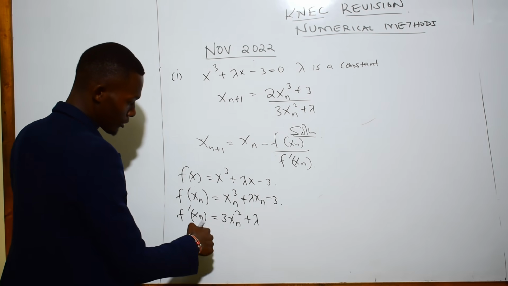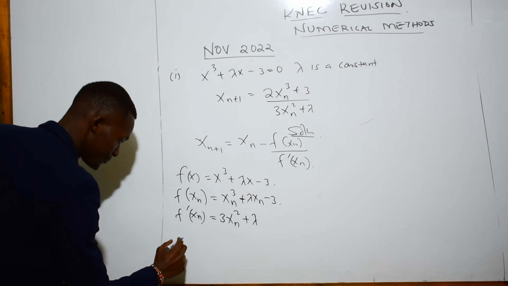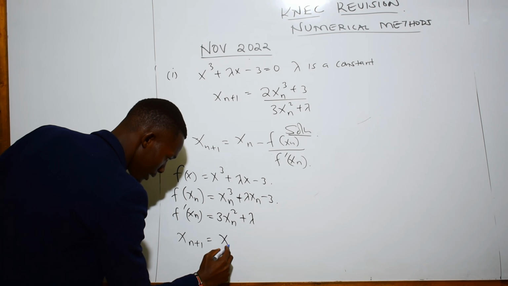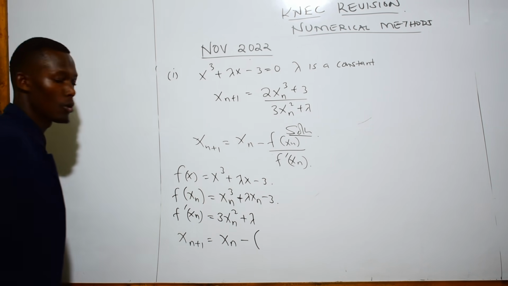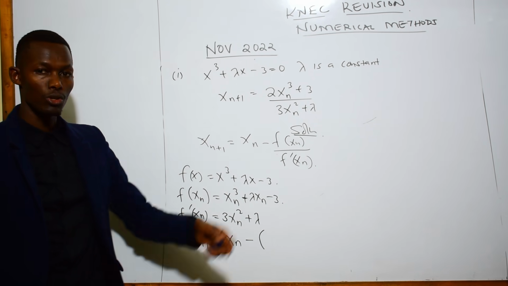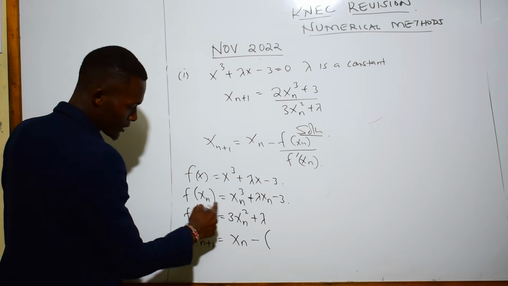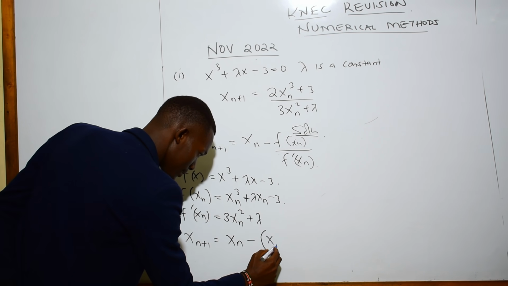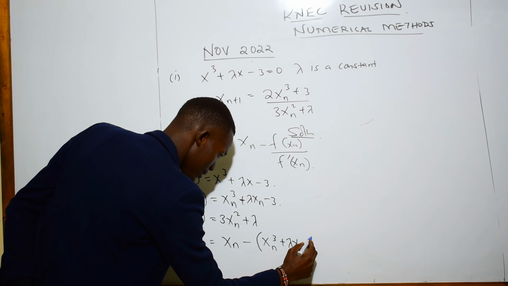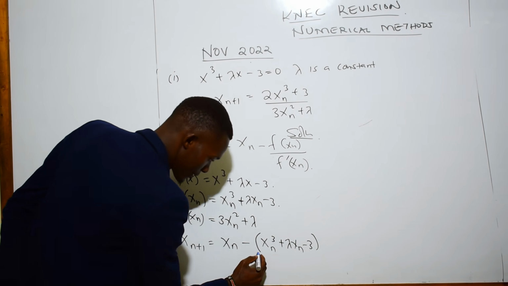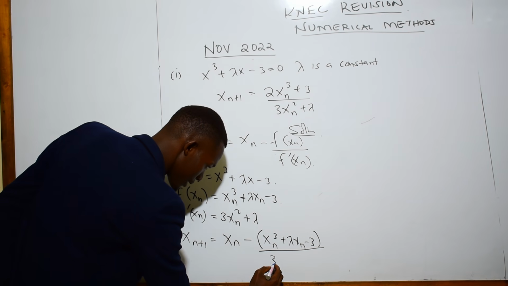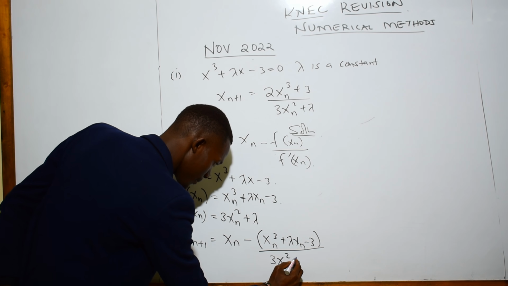Now, replacing all this into the equation, we know our xn plus 1 is given by xn minus, now remember always to put a bracket when writing the function of xn, so in bracket xn cubed plus lambda xn minus 3.